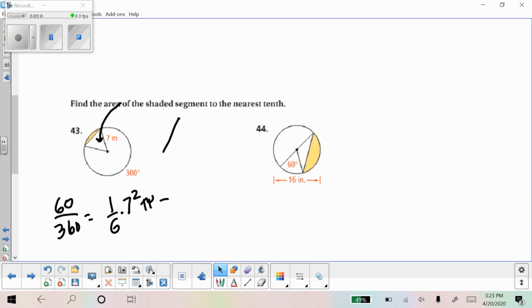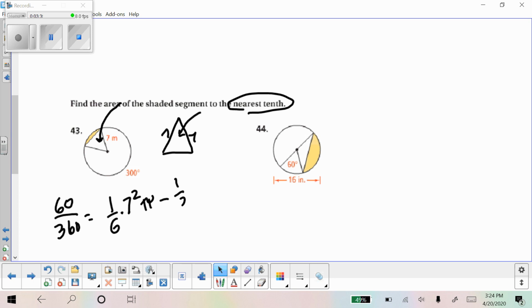Now the triangle looks like this. It's a 60-degree triangle. The sides are each 7. Let's go ahead and use that. Since we're rounding to the nearest tenth, let's use the 1/2 sine AB formula.